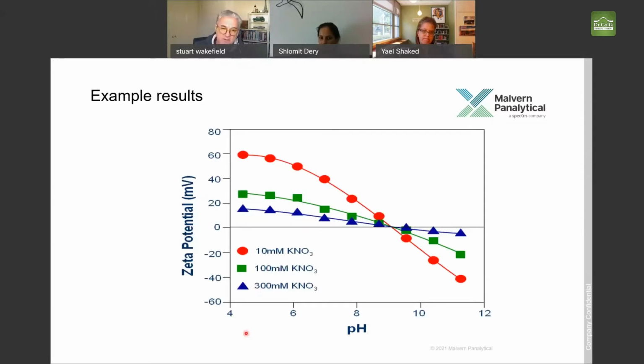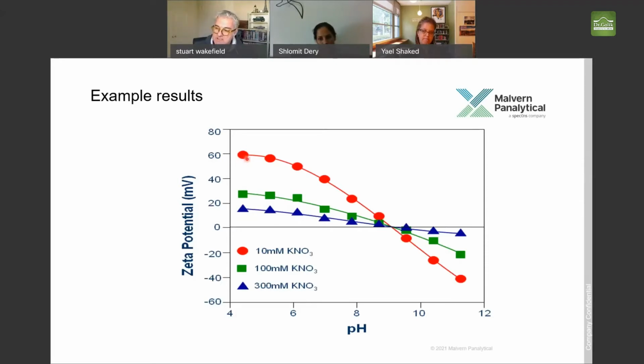Then we've taken those 3 samples and measured the Zeta potential at different pHs to understand how the Zeta potential would react. And you can clearly see that the sample with 10 millimolar in it, at pH 4.5, say, is positively charged, 60 millivolts. So that would be a very stable system.